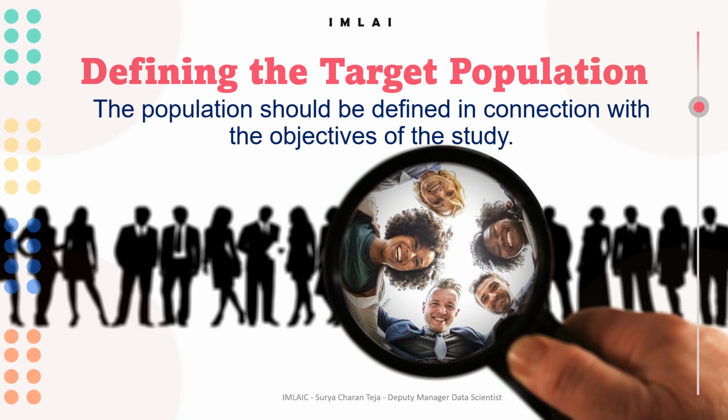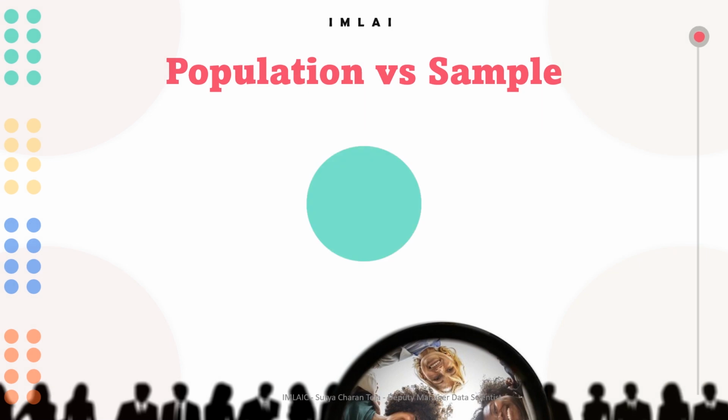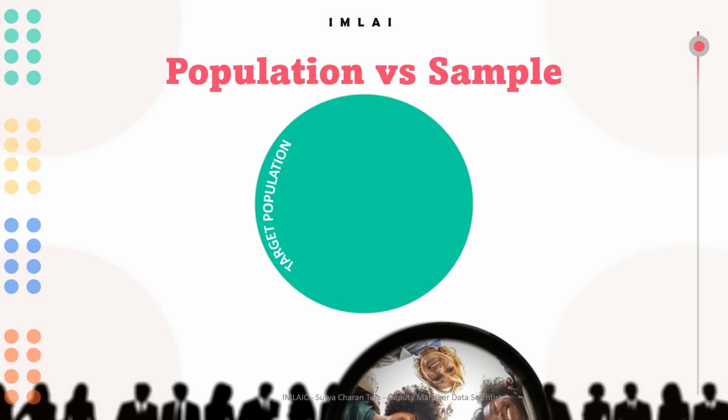Okay, so now what is target population? Target population is the group of individuals or items that a researcher is interested in studying. That's it. Simplistic definition. Again, I'm repeating. Here you can see the group of people.